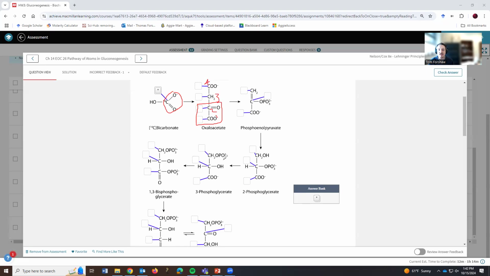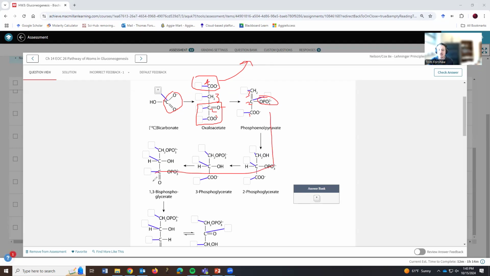It is carbon 4, and then in the next step, step 1B, that carboxykinase, PEP carboxykinase enzyme, 1, 2, 3, carbon 4 is lost as CO2, and the ketone group becomes a phosphate group.